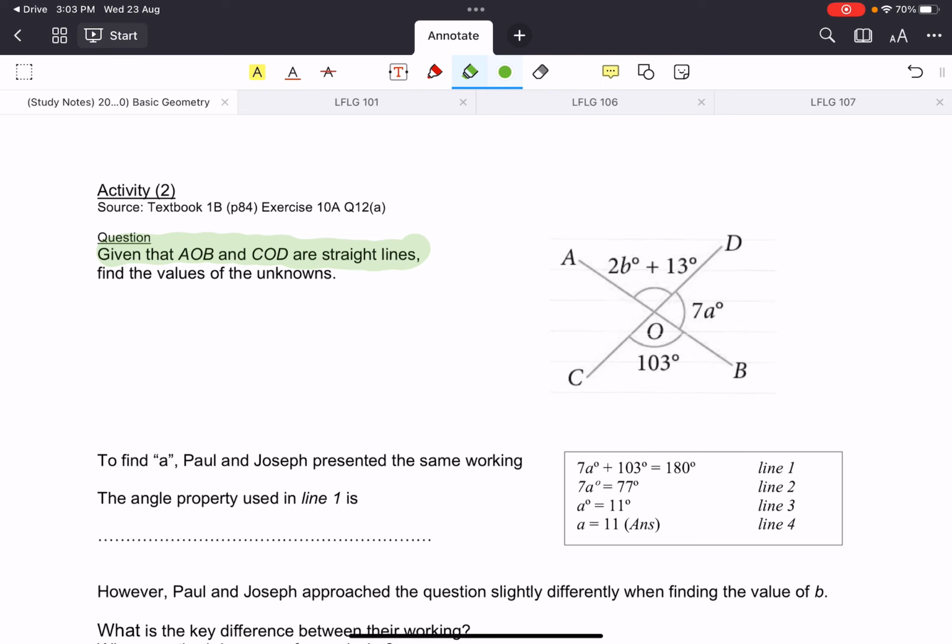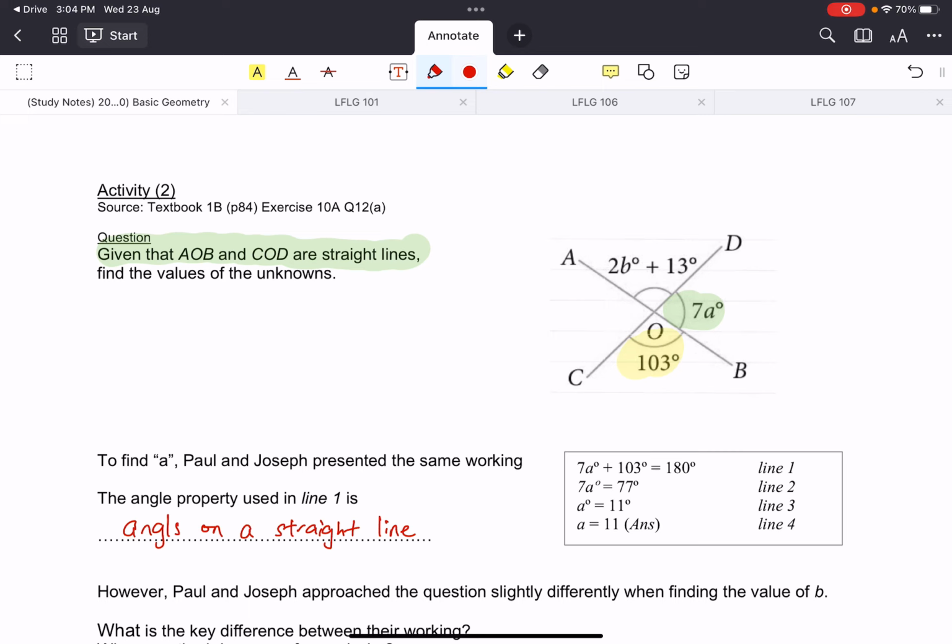Well, what I will do is realize that 7A over here and 103 over here are angles on a straight line. So I could just add them up, right? So the property I will use is angles on a straight line. This is what I can do, right?